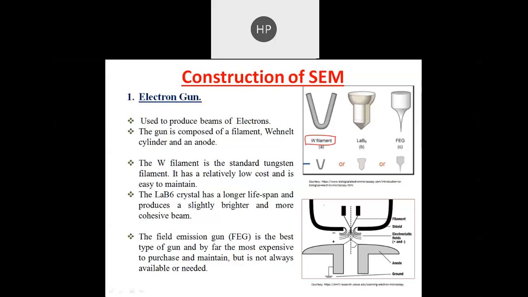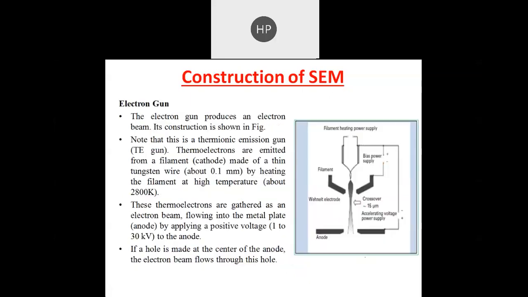Regarding the design of the gun, here we have these filaments, then we have this shield and the anode. This combination of all these is known as an electron gun of SEM. So here you can see that electron gun will be in this direction.